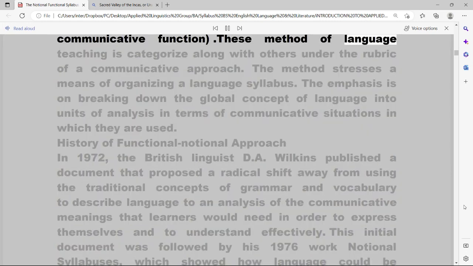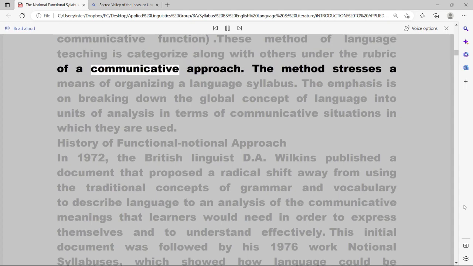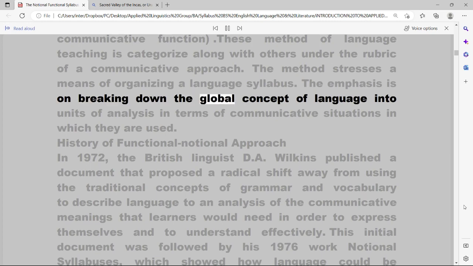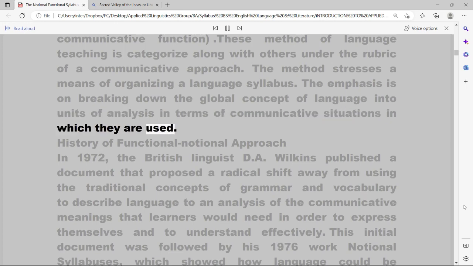This method of language teaching is categorized along with others under the rubric of a communicative approach. The method stresses a means of organizing a language syllabus. The emphasis is on breaking down the global concept of language into units of analysis in terms of communicative situations in which they are used.